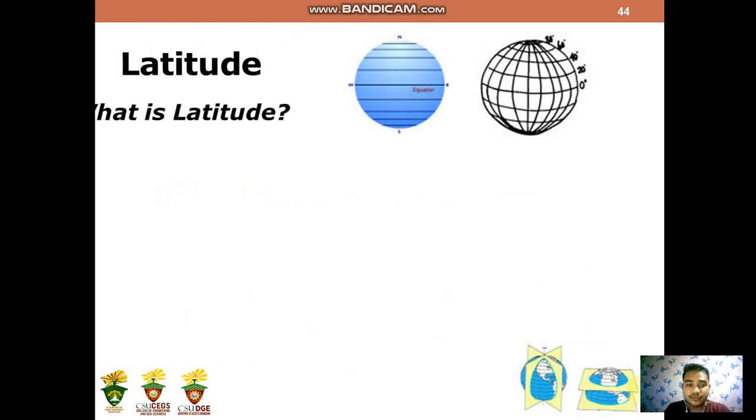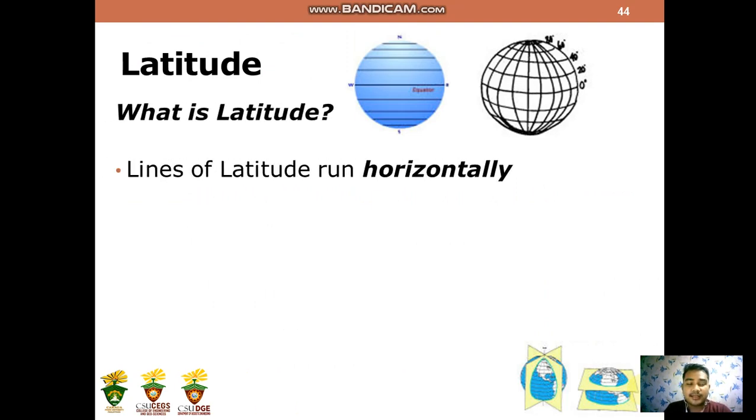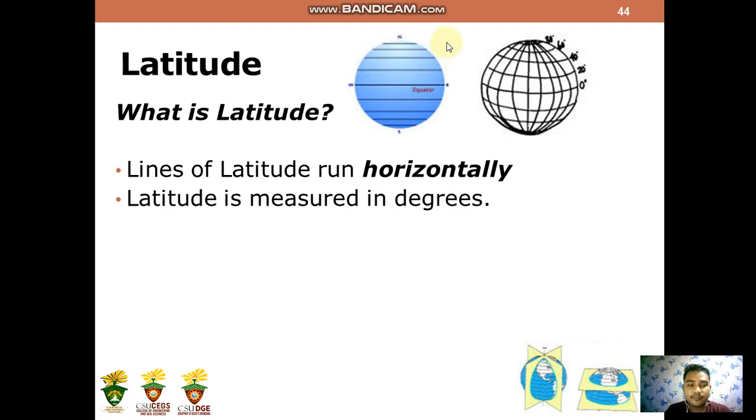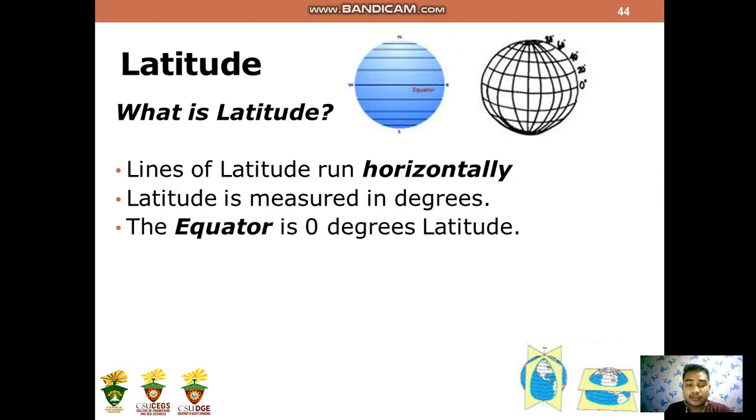When you say latitude, the lines of latitude run horizontally. Latitude is measured in degrees, and the equator is 0 degrees latitude.